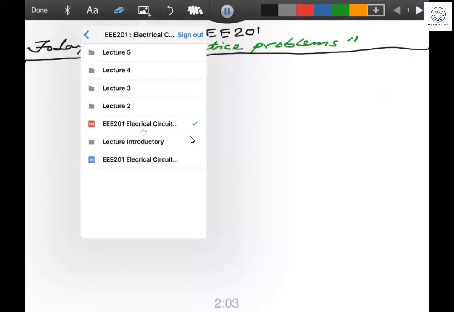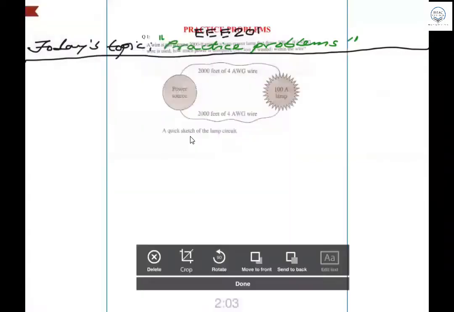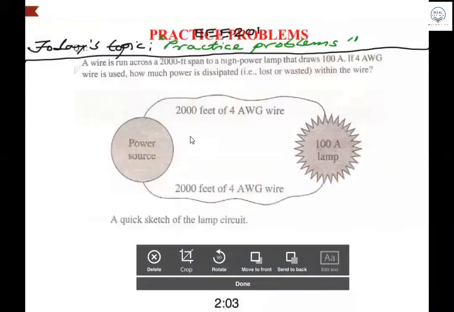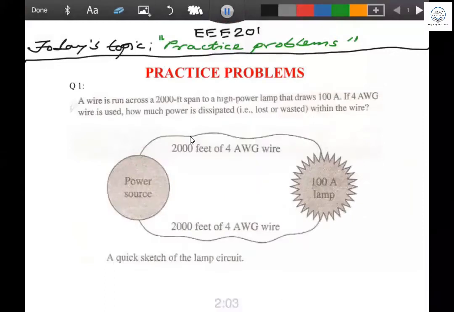Okay, sorry, this is the practice. Now this is the first problem, as I have given to you and told you to solve today. If you go with this problem, first, if you read the question, I'm hoping most of you have gone through it already, but still if somebody did not.